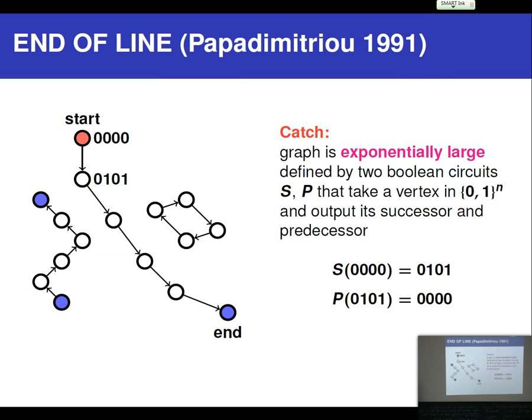In this case it gives us 0, 1, 0, 1. And now we check if P, which stands for predecessor, S stands for successor, of S of the bit string is equal to that bit string. Only if that's true do we actually have an edge there. So in particular, at these endpoints, that's not true, and we're looking for such bit strings.